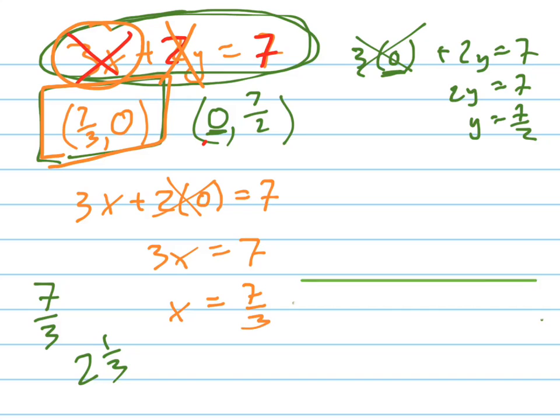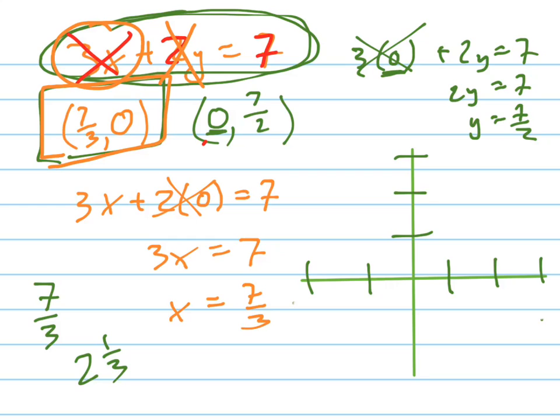Here's my graph, and my points are 7/3, which is 2 1/3, which is right there. That's my x-intercept, and my y-intercept is 7 halves. 2 goes into 7 3 times, and there's 1 left over, so it's 3.5. So it's up here, 3.5.